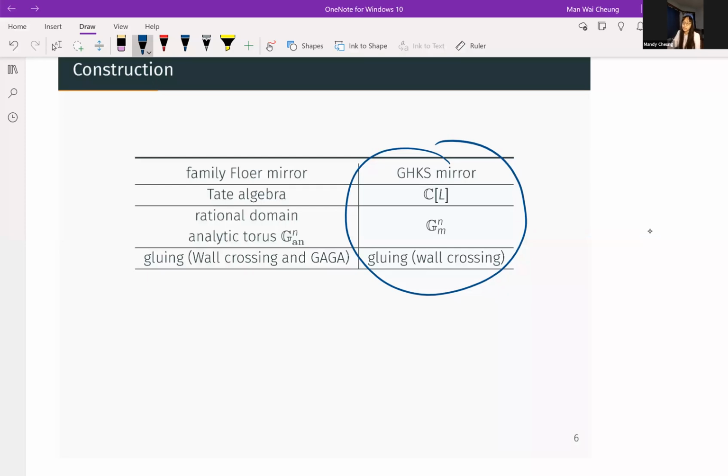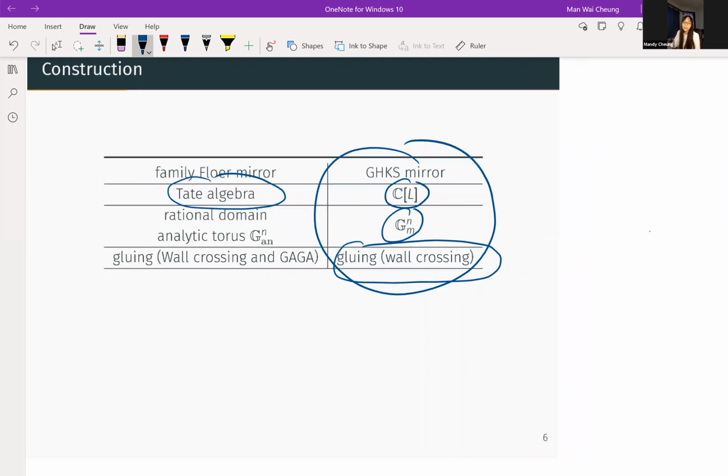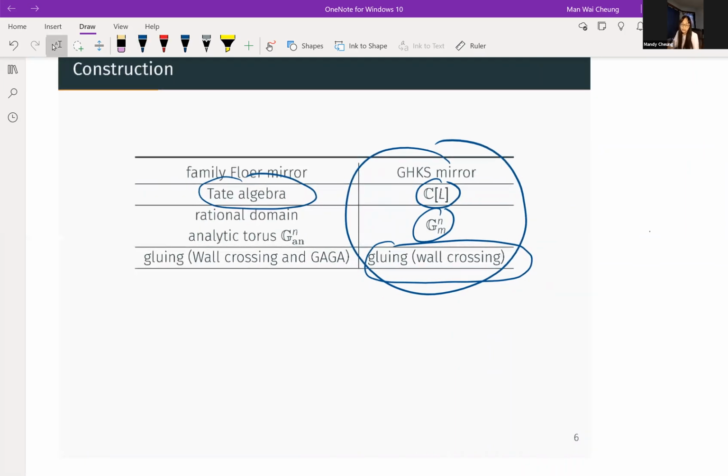Which is, on one side we are looking at the polynomial ring, Laurent polynomial ring, and then we have the torus, and then we glue the tori by the wall crossing structure. And then on the symplectic side, we just switch the algebra to Tate algebra. And then in the analytic geometry sense, we take the Spec of it as well, and then we have analytic tori.